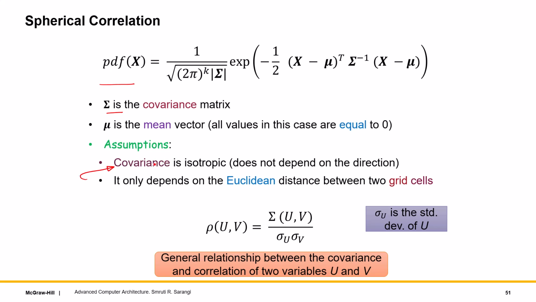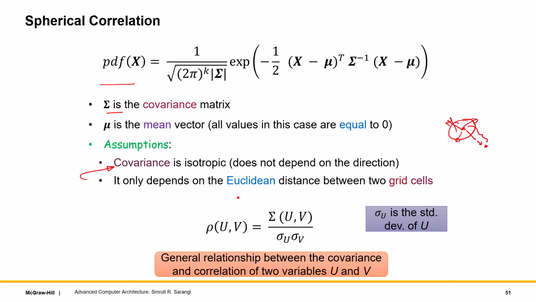The covariance is isotropic, in the sense that it does not depend on the direction, it is the same in all directions. The assumption is that it only depends on the Euclidean distance between two grid cells. The covariance of these deviations across two grid cells is only dependent on the distance between them.